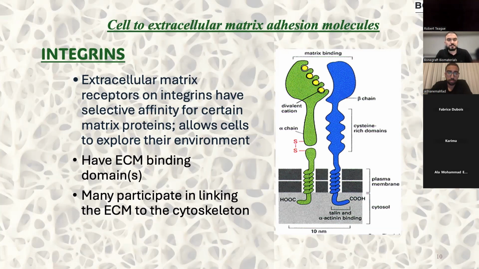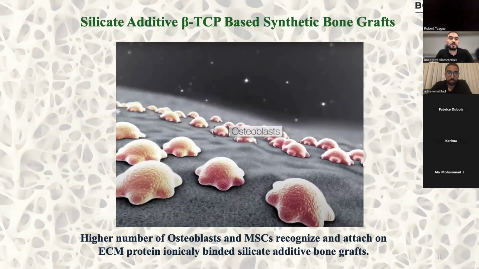When they explore the graft surface with their integrin molecules, what they're going to recognize are laminin and fibronectin proteins. The function of these proteins in the extracellular matrix of bone tissue is to be recognized by the cells, and when the cells recognize these proteins with their integrin molecules, they bind to the surface of the graft material.